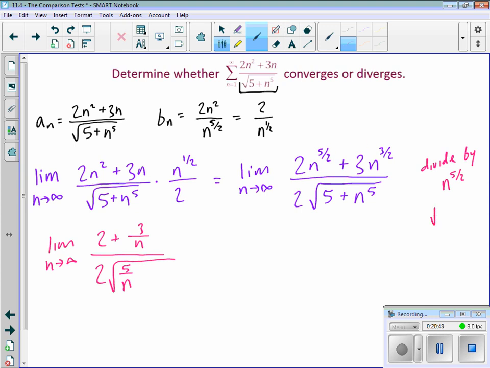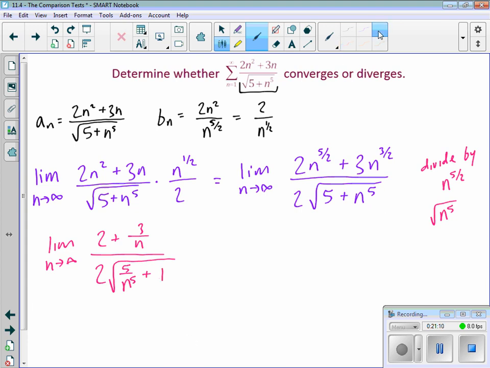If it's under a square root, what are we actually dividing by? N to the 5th. Isn't that the same as n to the 5/2? So we're dividing by n to the 5th underneath there. Okay, so here this will be n to the 5th, and then this will just end up being what then? 1.